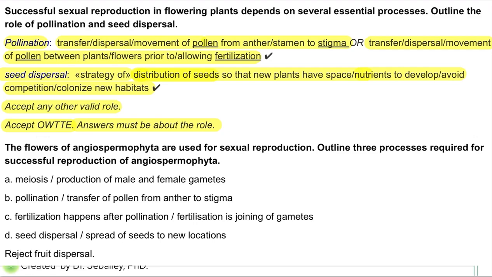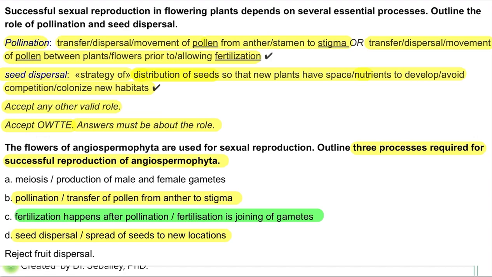The bottom here, what we have are the three processes required for sexual reproduction. Like the top, one is pollination, transfer of pollen from the anther to the stigma. We also talk about seed dispersal, which is the spread of the seeds. Now these two are mentioned on the top. What is not mentioned on the top that can also be included is fertilization, which happens after pollination and is the joining of the gametes.